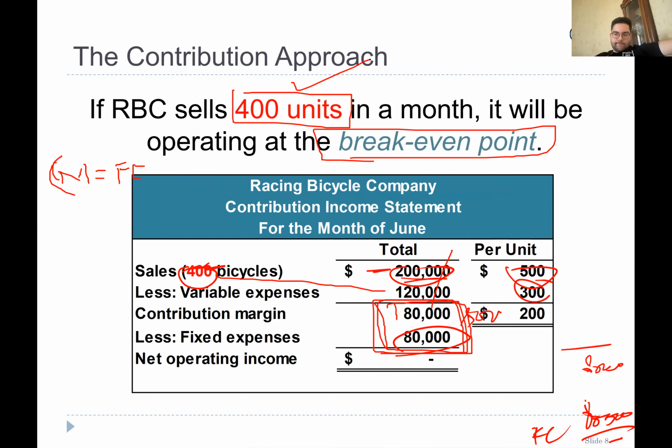Recall the other definition which I told you is a little bit difficult, but it's very easy. After covering fixed costs, whatever is the CM, it will directly go to the NOI, net operating income. So let's see that.